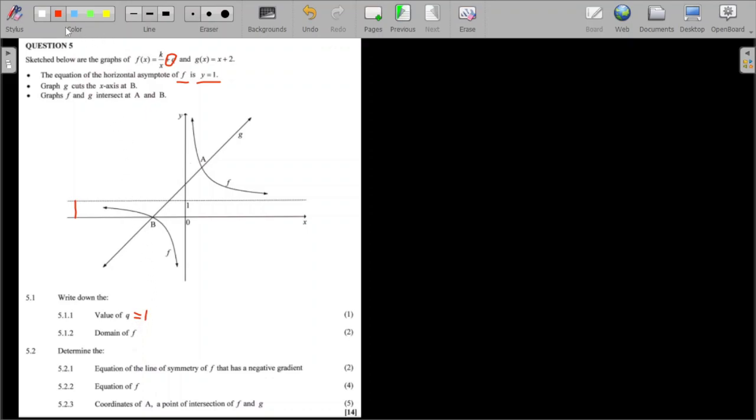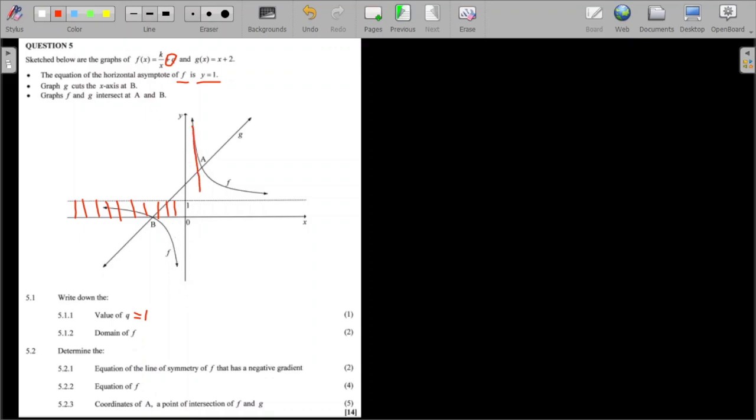Okay, guys, now we are going to find the domain of f. Now remember, my f is my hyperbola graph. Remember, the domain is the values of x where my function f exists. The values of x where my function exists are here, as I go this side. Now remember, as I go here, as you see, my graph doesn't touch this value of x, which is 0.